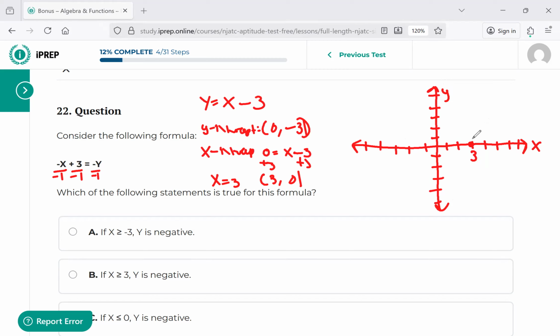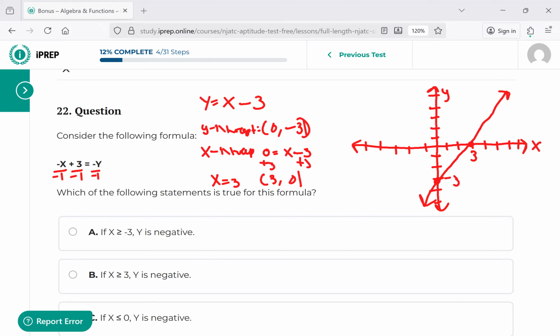And then what's our y-intercept? 0, comma negative 3. Connect the dots. And there's our graph.